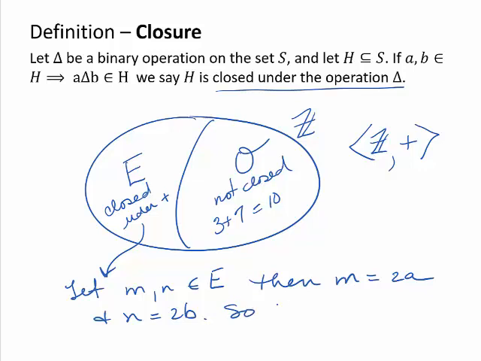So m plus n is equal to 2a plus 2b, which is 2 times a plus b. In other words, m plus n is 2 times a number, which means m plus n is in E. So this would be a proof that E is closed. You have to prove in general. If you want to show something is not true, one example would be just fine.